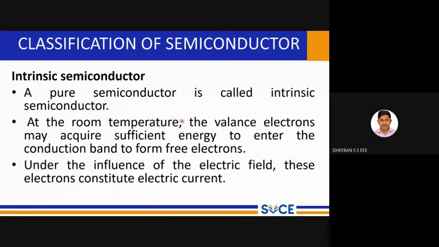At room temperature, the valence electrons will be able to occur. Valence electrons, you have to recall, are nothing but the outermost electrons in an atom. This outermost electron acquires sufficient energy to enter the conduction band and form free electrons. I hope you remember the conduction band as well as the valence band.